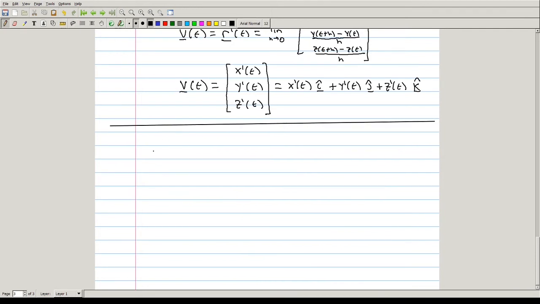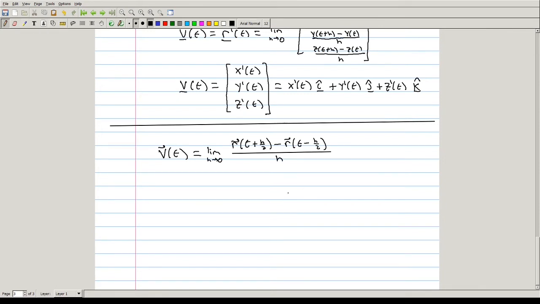For instance, if you wanted to define or approximate the velocity vector at a point, you can define it as the limit as h goes to 0 of r at t plus h over 2 minus r at t minus h over 2, divided by h, or the total distance between those 2 points.